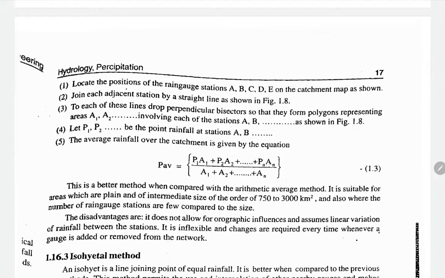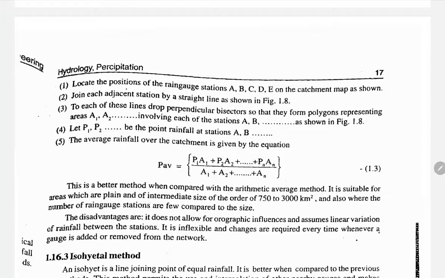This is a better method when compared with the arithmetic average method, because if we have divided the rain gauges based on nearly equal areas, in that case we may go for the arithmetic method. But it is suitable for areas which are plain and of intermediate size, of the order of 500 to 5000 km square, and also where the number of rain gauge stations is few compared to the size.